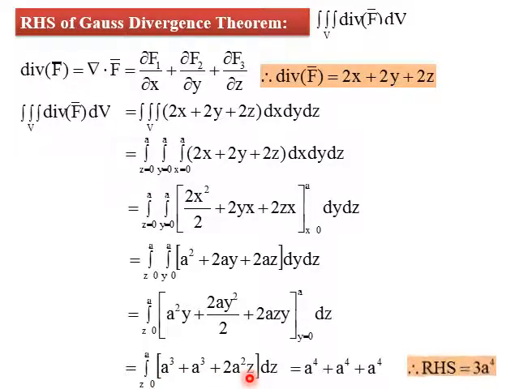We got the triple integral value as 3 times a power 4. This is the right hand side integral value of Gauss divergence theorem. To verify, we have to check whether the left hand side integral value is also 3 times a power 4.